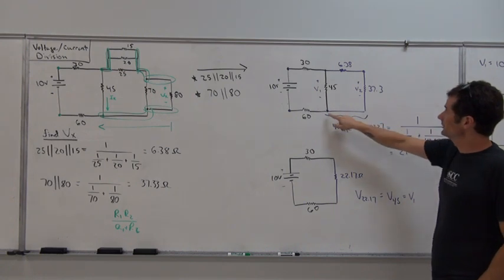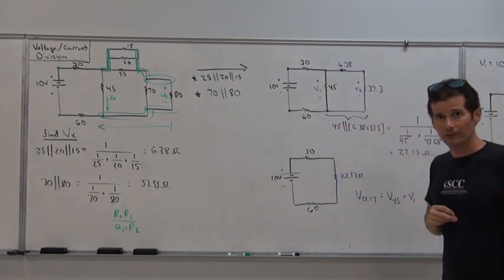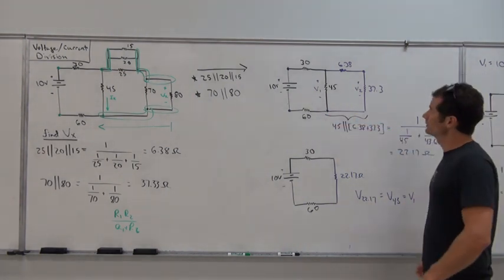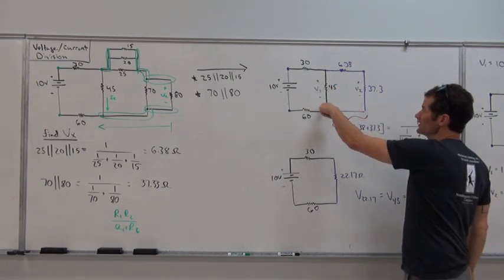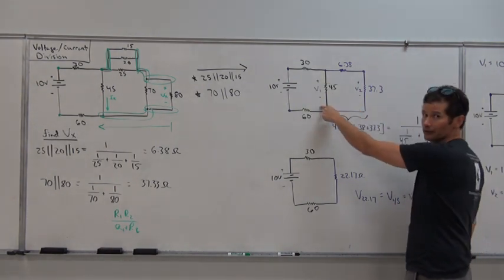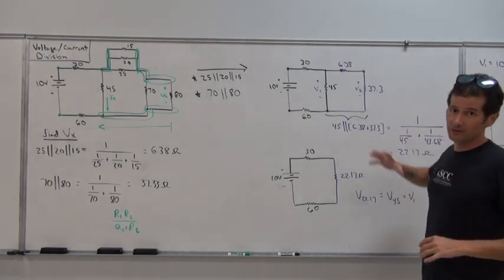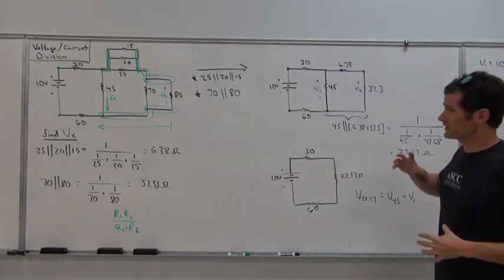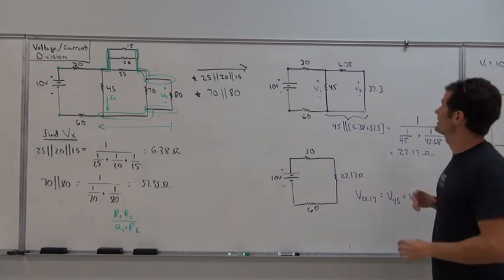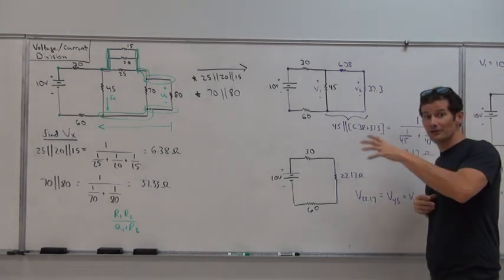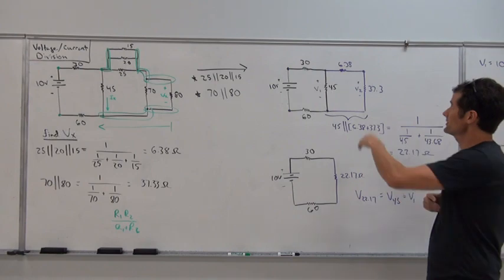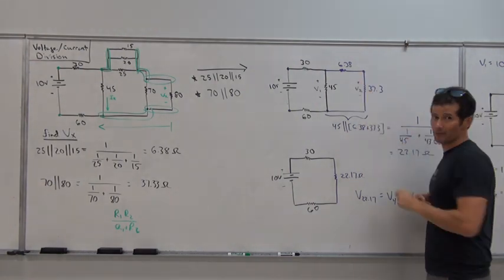37.3 shares the bottom node of 45 ohms. So whatever the voltage is across this 45 ohm resistor has to be the same voltage across the combined voltages of these 2 series elements right here.